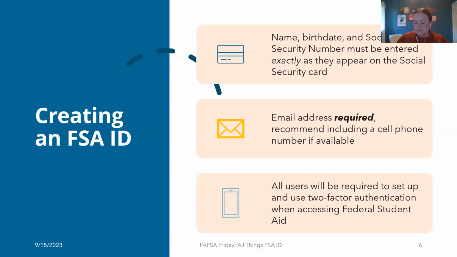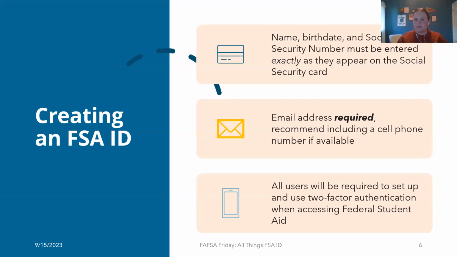Again, starting with this new FAFSA cycle, every FSA ID that is created is required to have a verifiable email address associated with it. And folks also have the option to add a cell phone number, which we highly recommend if you have one available. There are a couple of different ways this contact information is used.